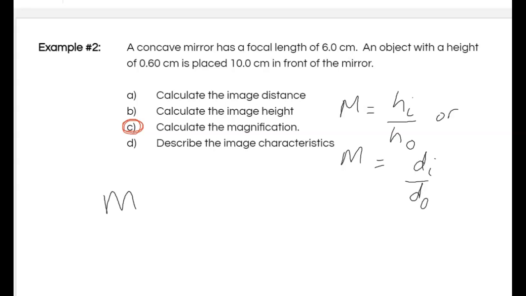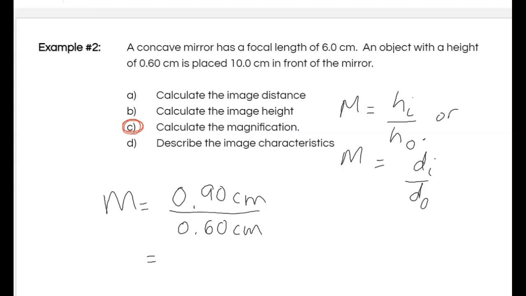The magnification is HI over HO. HI ended up being 0.90 centimeters in the last problem, and HO ended up being 0.60 centimeters. That's all the magnification is, a ratio of how big my image is compared to my object.